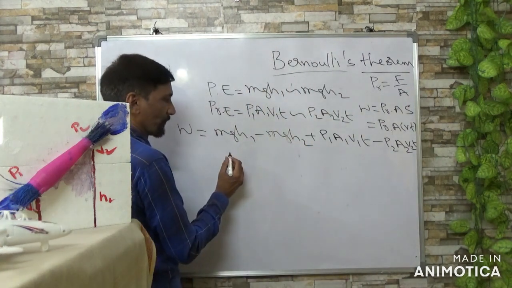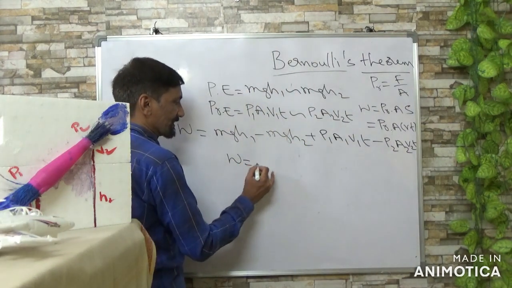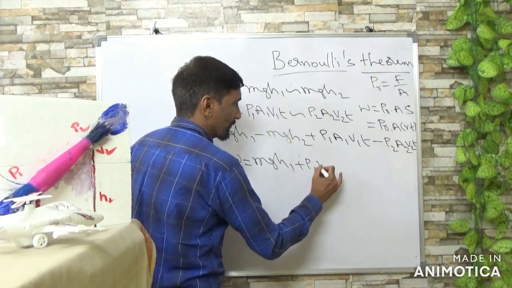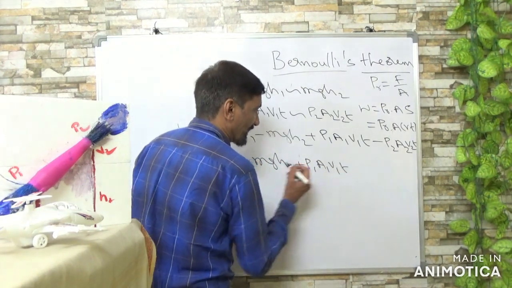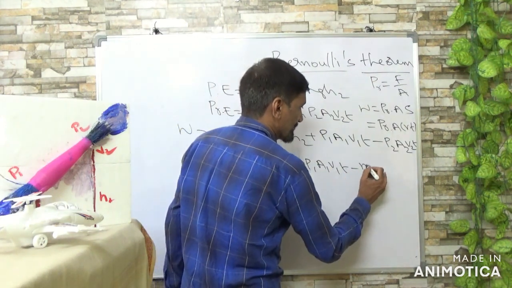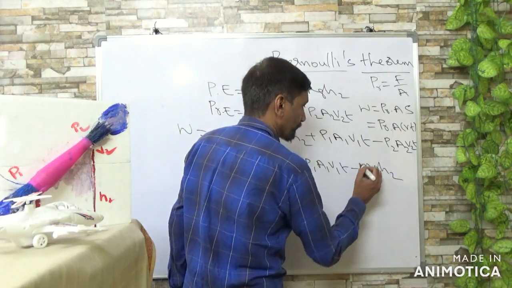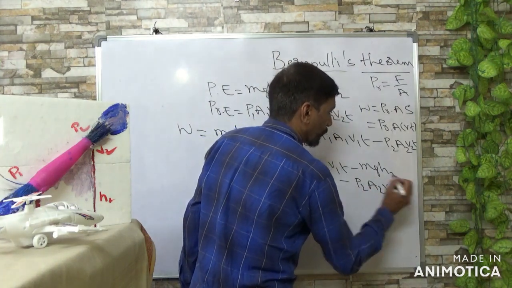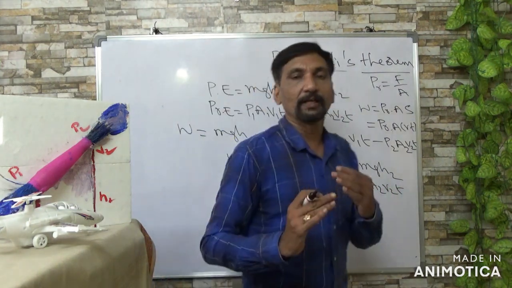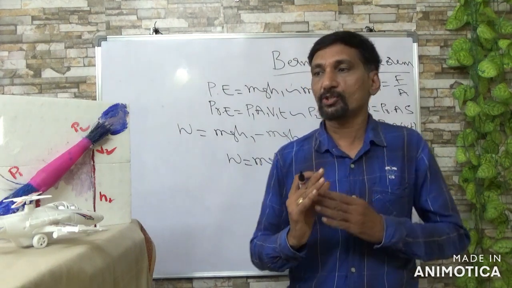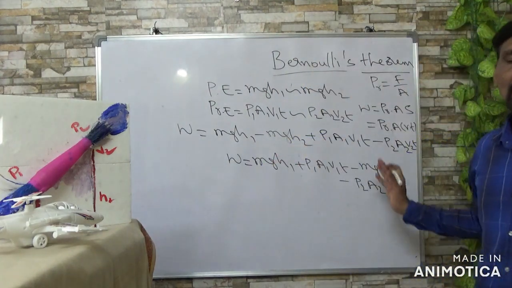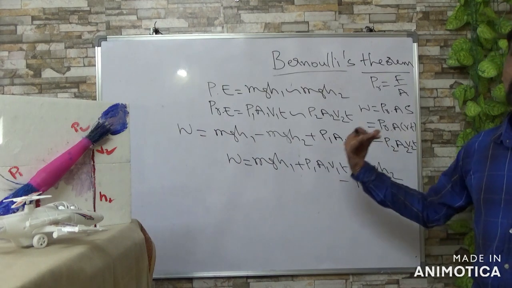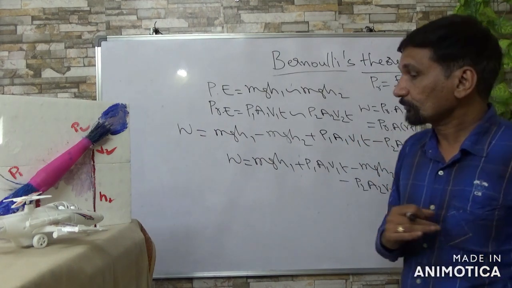So work done is equal to mgh1 plus P1 A1 V1 t, minus mgh2, minus P2 A2 V2 t. It is a difference of potential variation and also pressure variation.